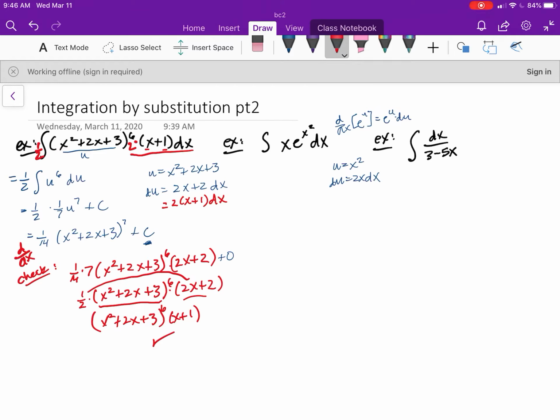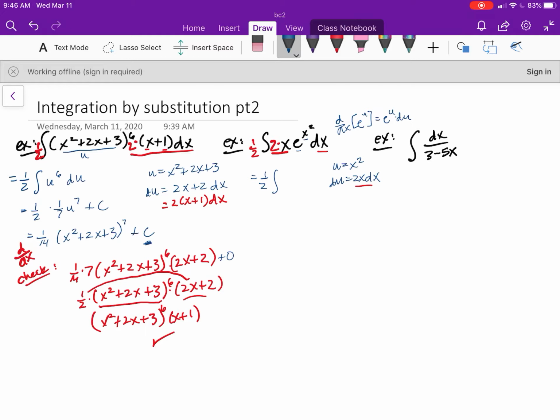Sorry, every example I chose has a 2, but that's just coincidence. So if I had a times 2 here, I have 2x dx. Once again, can't just magically put a 2 in there, so 1/2 times 2 is 1. So we get 1/2 integral.